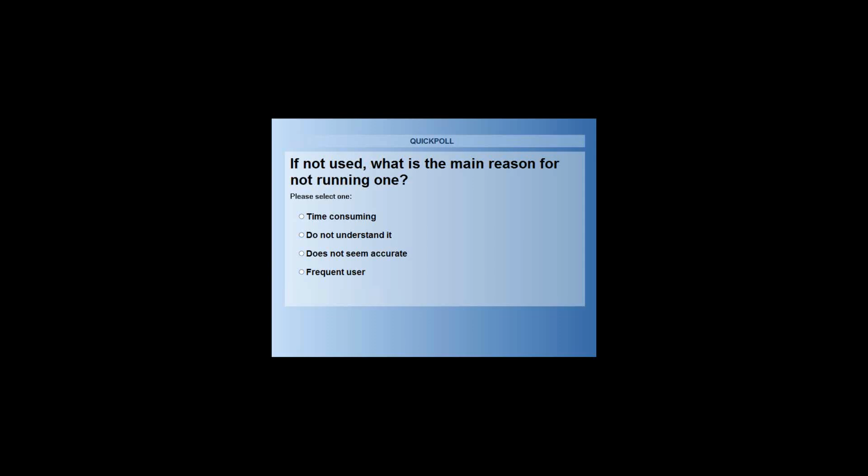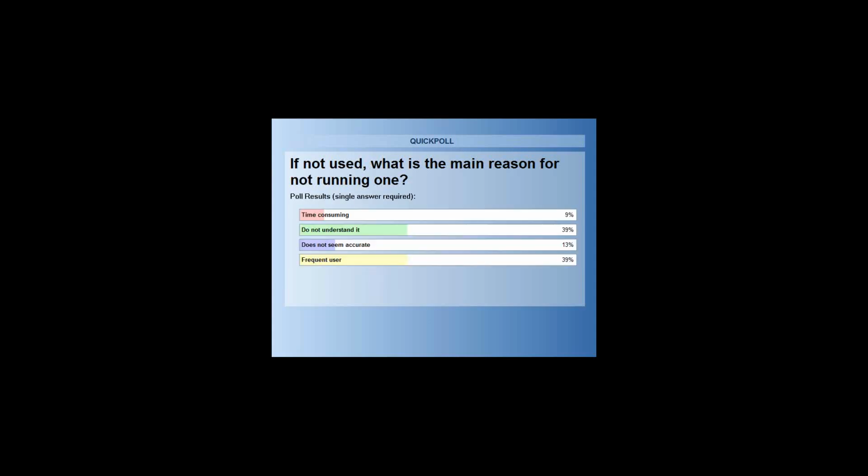Give it another minute or so here. Okay, go ahead and close that poll up. Looking at this, there's a good number of you that used it and then a good number that don't really understand it. So hopefully this will be helpful to those who don't understand it, as well as those who use it frequently, maybe open up some new tips and tricks for using them.